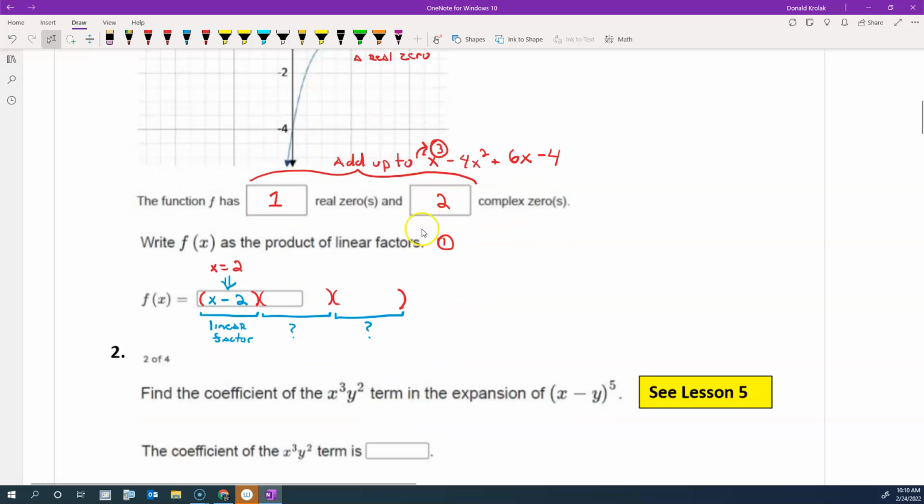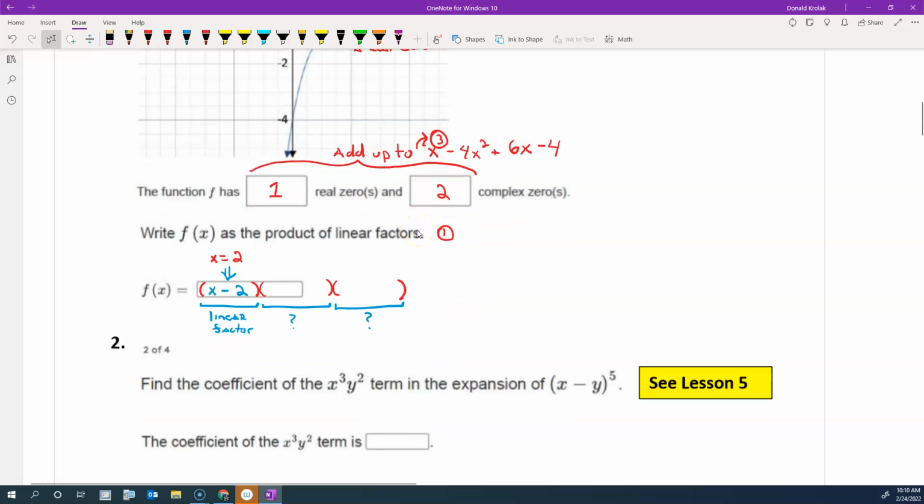So my first step is I am going to divide f of x by x minus 1. Or no, x minus 2. And the way that we did that is we used synthetic division.